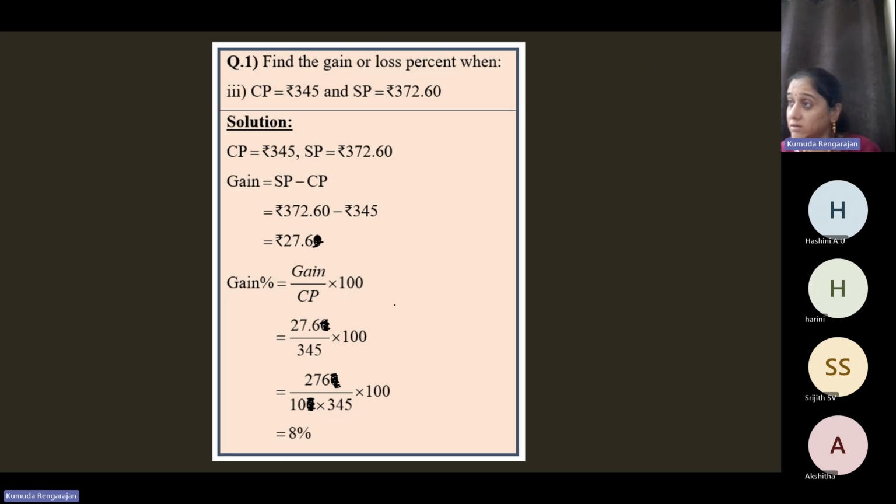With the 0, if you shift 1, 2, then it will be by 100. If you're writing the 0, then it's moving by 2 places, so it is by 100.